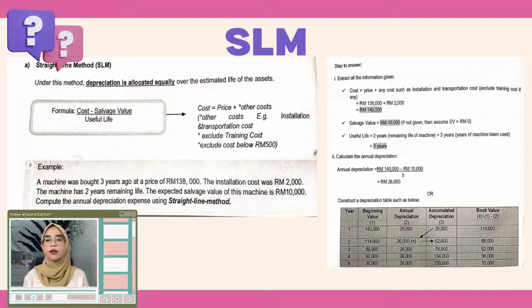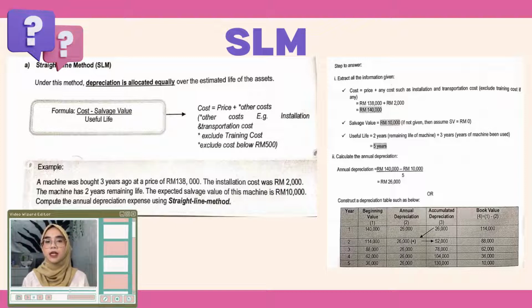If not given, then assume salvage value equals RM0. Then useful life: the remaining life of the machine, 2 years, plus 3 years of the machine being used, so equals 5 years.